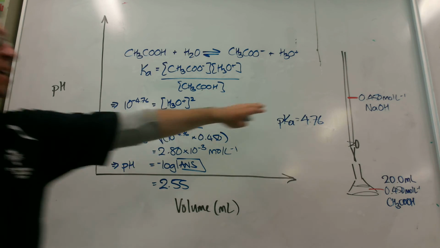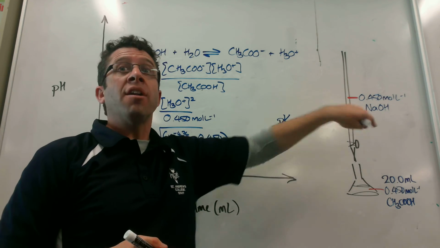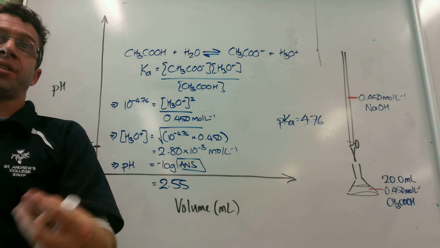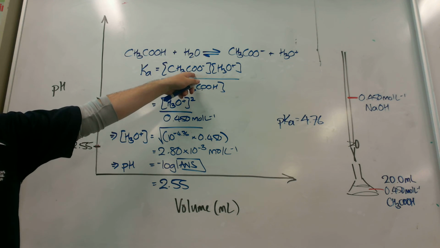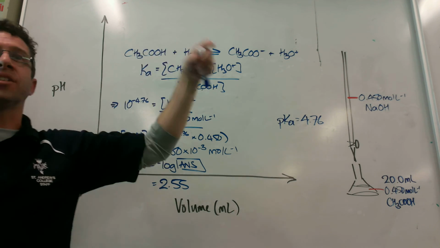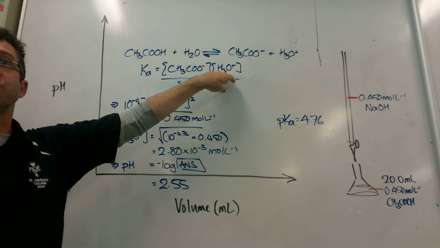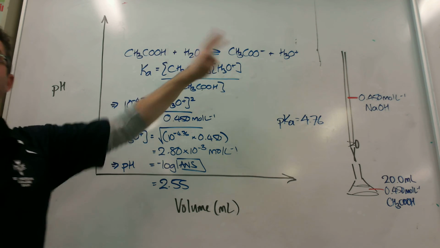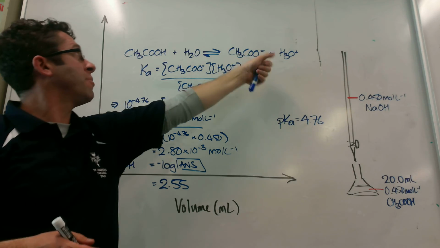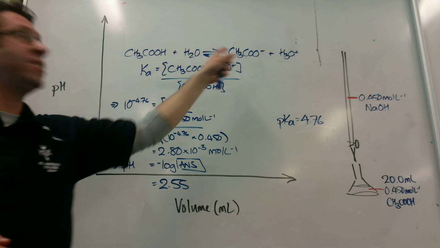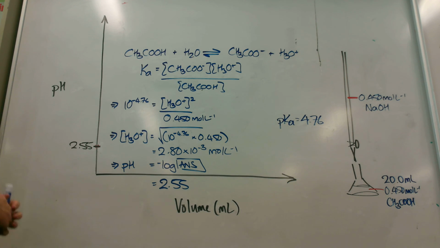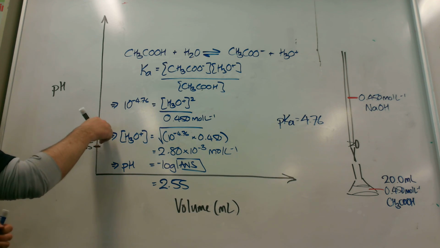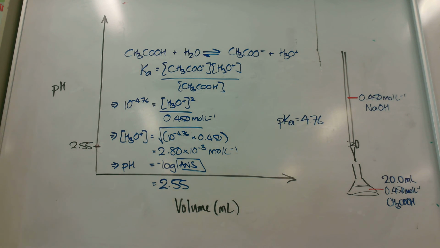As soon as I start adding any sodium hydroxide, I will create a buffer solution because it will start increasing the concentration of this, and as a consequence it will decrease the concentration of this from Le Chatelier's principle. If this goes up, the reverse reaction will be favoured, so that will drop. A decrease in that will increase pH, so there'll be a sudden increase in pH here, and that's what we're going to look at in the next bit.